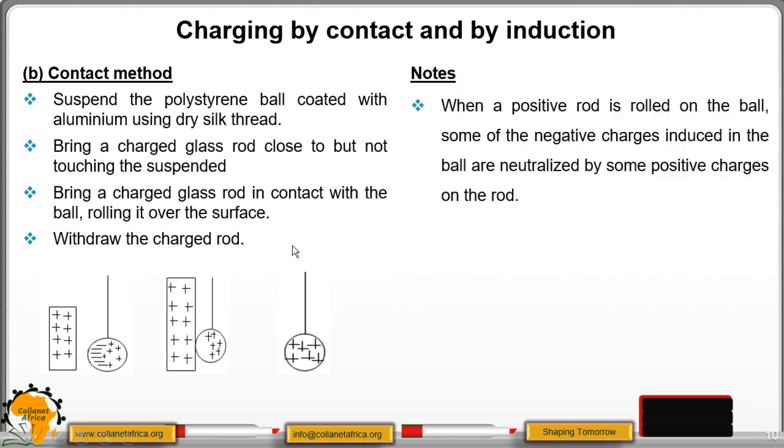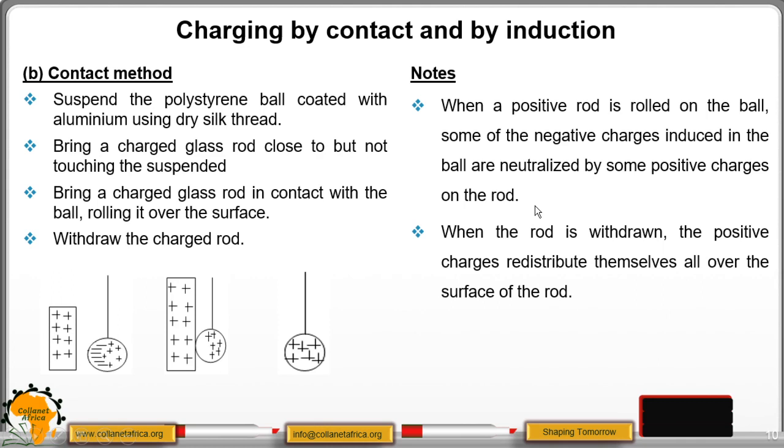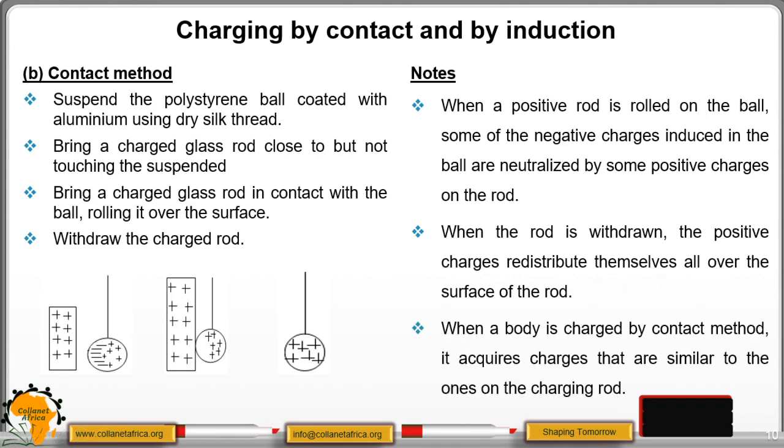Note that when a positively charged rod is rolled on the ball, some of the negative charges induced in the ball are neutralized. And these are neutralized by the positive charges on the rod. When the rod is withdrawn, the positive charges redistribute all over the surface of the ball, and therefore the ball has gained a positive charge.